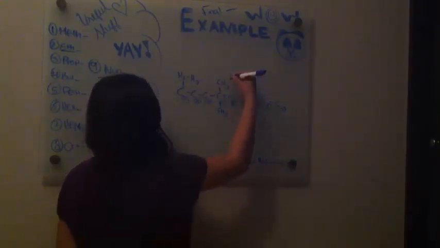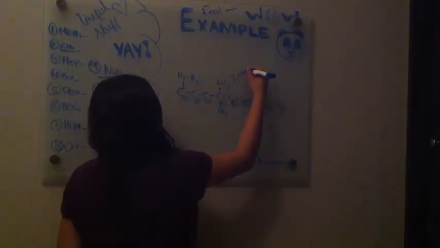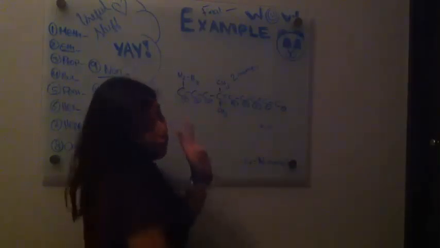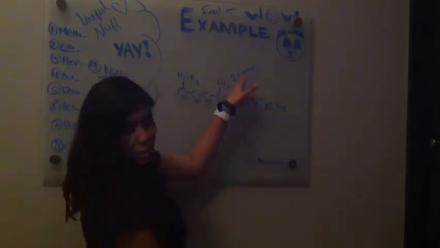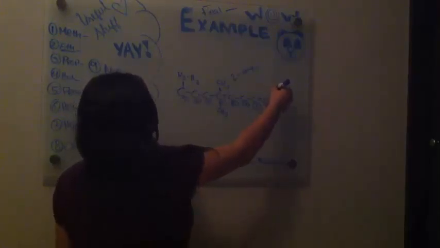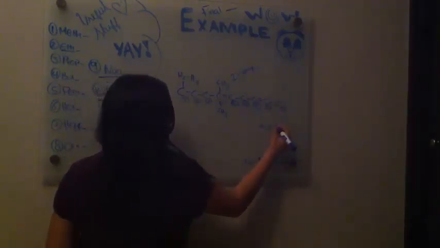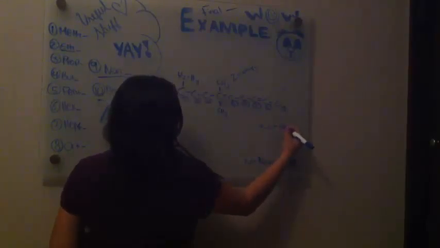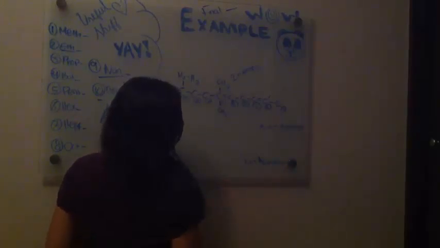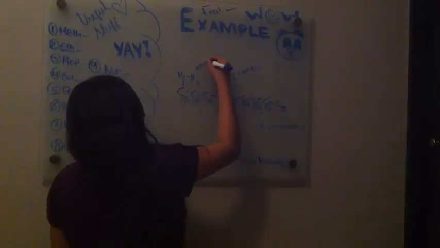Why? Because there are 2 methyls. And because there are 2, the prefix will be di. If there was another one in here, it would be tri methyl, but there are only 2. So we put 6,6 hyphen dimethyl.